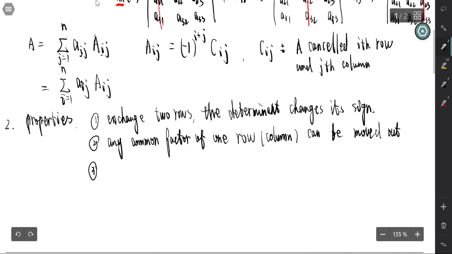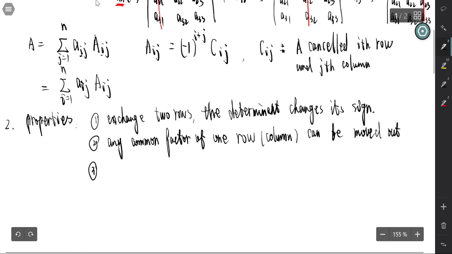This is different from matrices. In row reduction for a matrix, if we divide one row or column by a number, the two matrices are equivalent. But for a determinant, if one row is divided by a number, it should be multiplied by the same number outside.